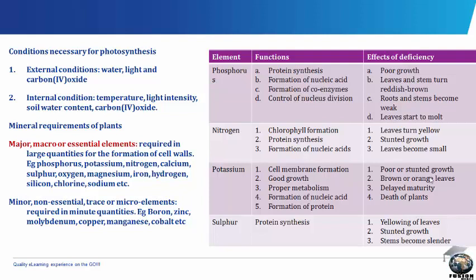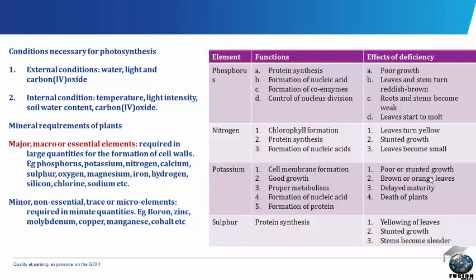Mineral requirements of plants include the major or essential elements and the minor or non-essential elements. The major essential elements are required in large quantities for the formation of cell walls.